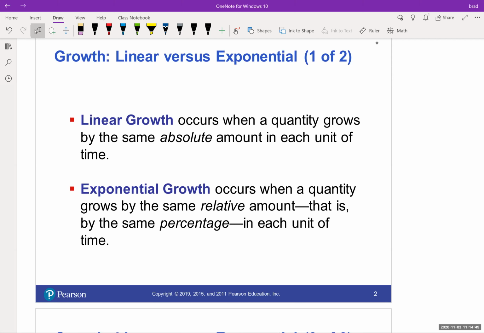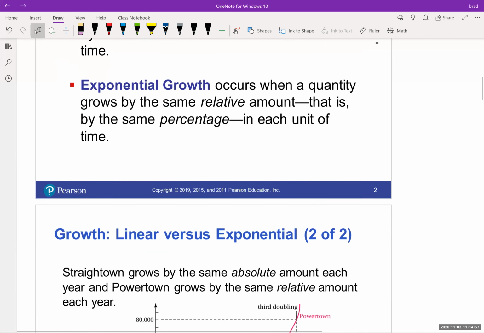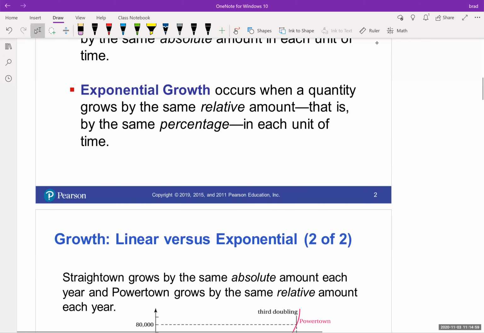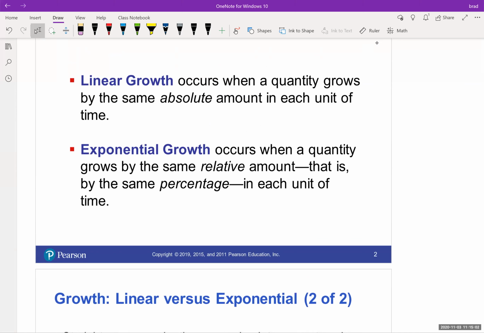Exponential growth occurs when a quantity grows by the same relative amount, that is, by the same percentage in each unit of time. So that one is basically working on percentage. They each grow in the same way, but one of them is percentage-wise and one of them is actual value. So absolute amount versus same percentage.